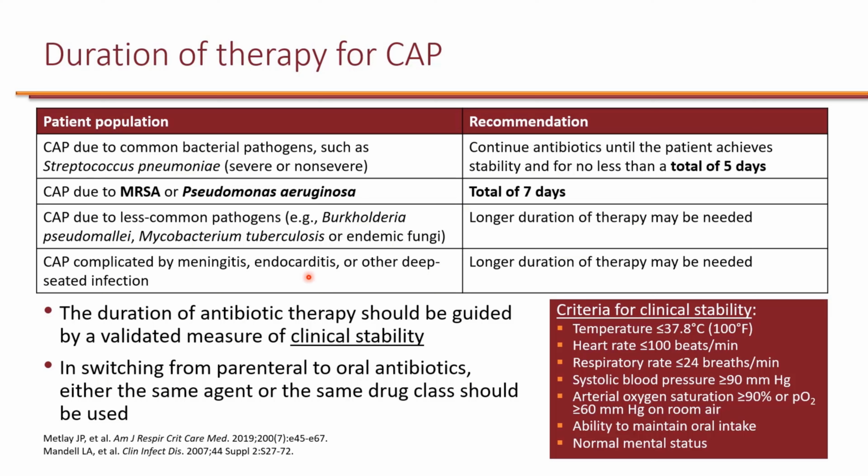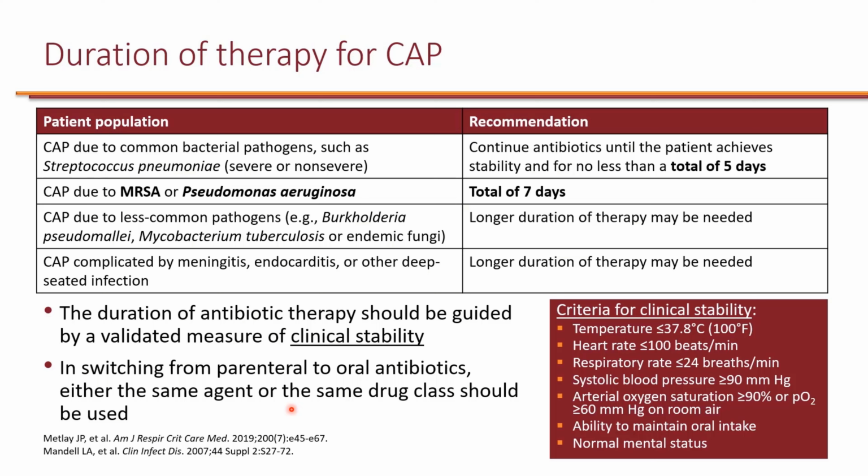Now, as patients achieve clinical stability, it's important to switch from parenteral to oral antibiotics. And when we do that, you can either use the same agent. So for example, if you have something like azithromycin or fluoroquinolones, it's easy to have the same agent that was IV. Just use the oral bioequivalent of it. However, some agents are only available as IV.